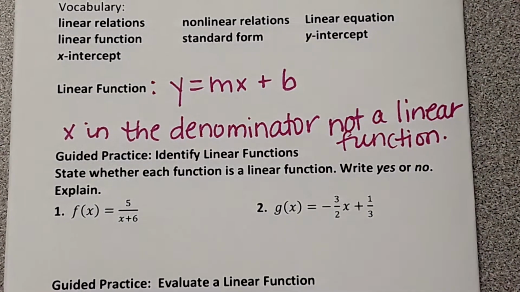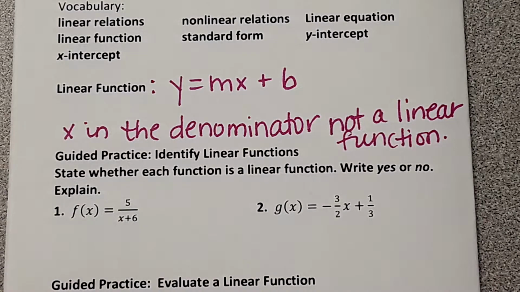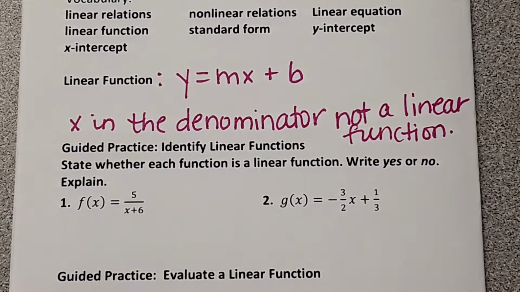So if there's an x in the denominator, it's not a linear function. So if you can't write it in slope-intercept form, basically, because that's slope-intercept form, then it's not a function.